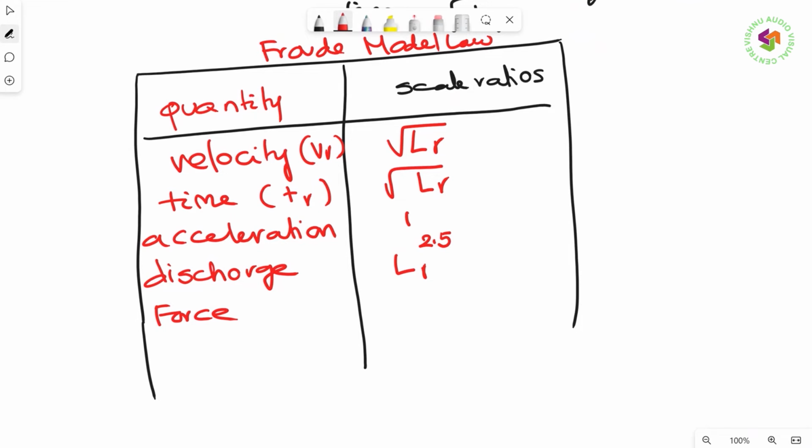Force is equal to LR cubed, which we found out. Then after force, we have taken up pressure intensity, which is equal to LR.